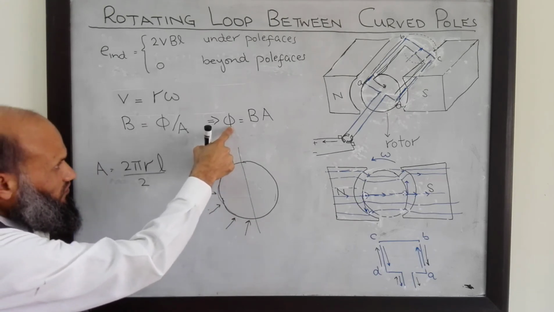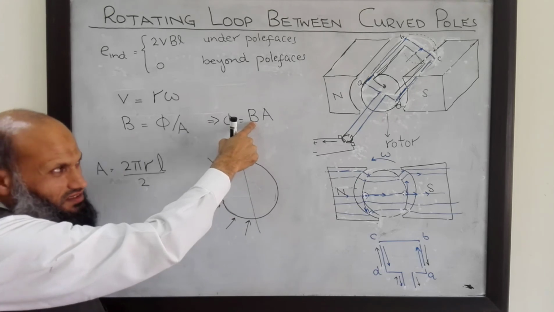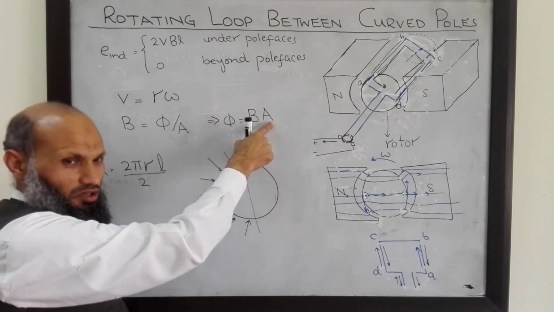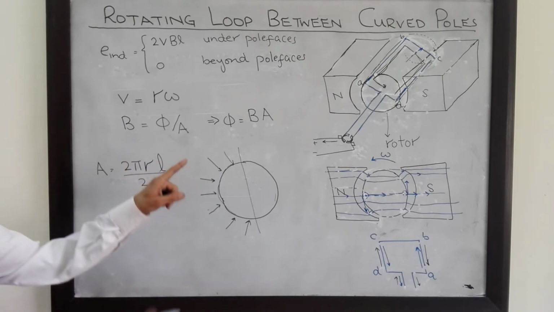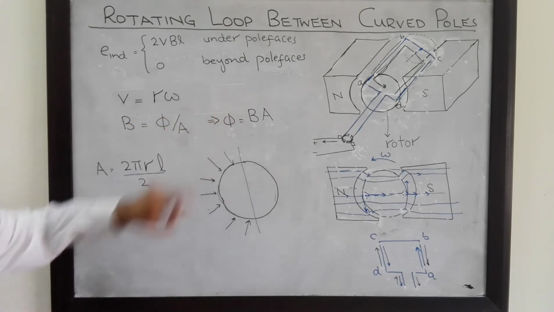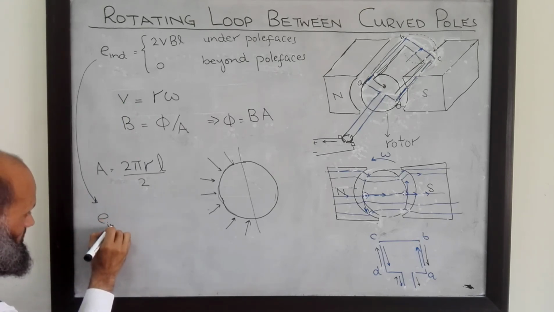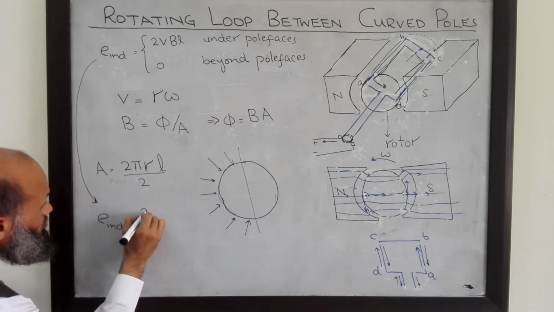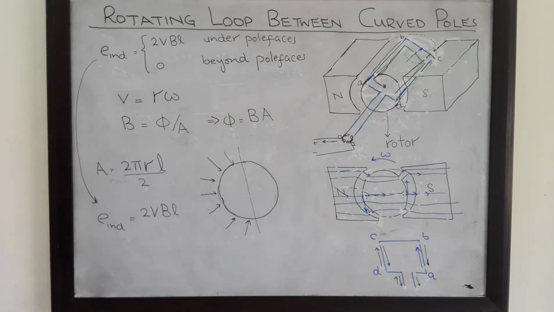So total flux in the machine is flux density multiplied by the perpendicular area. Perpendicular area is total area of rotor divided by 2. By using this relation, this expression can be rewritten in this form: E induced, which is 2VBL when conductors are under pole faces.